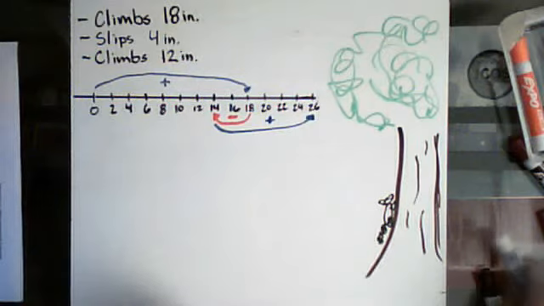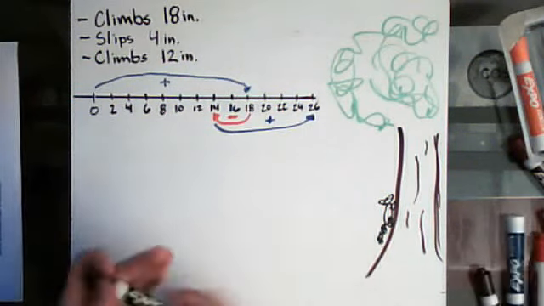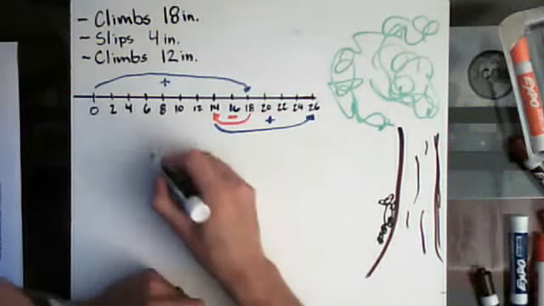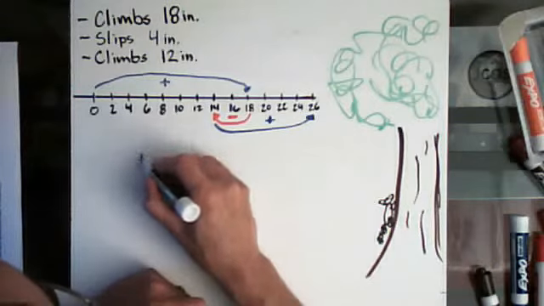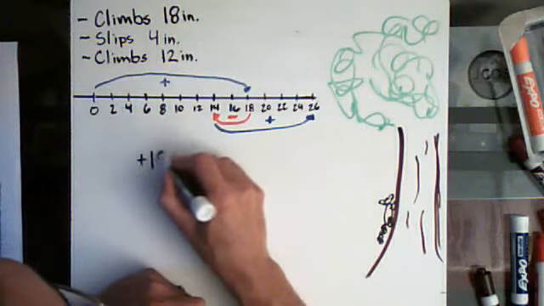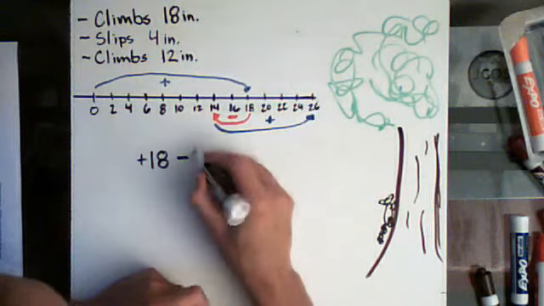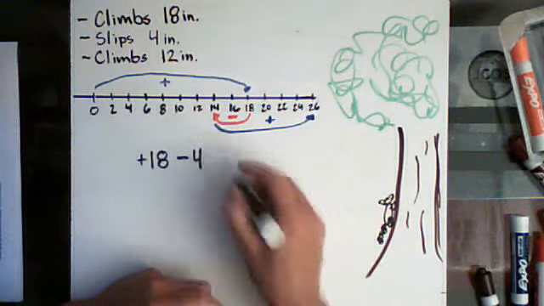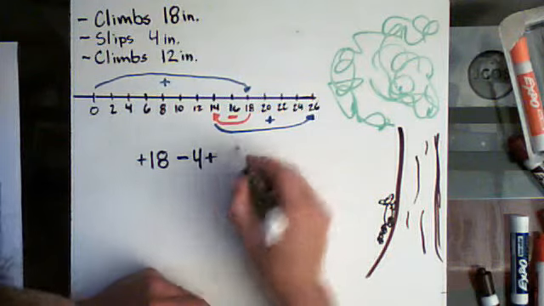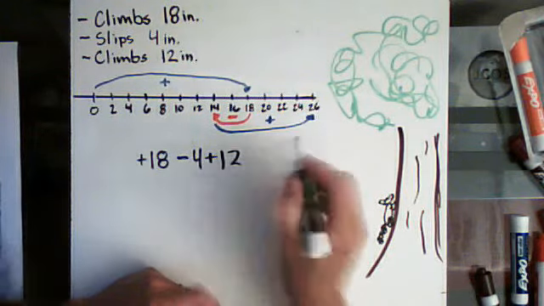We can show this using a number sentence by saying the squirrel went up a positive 18 inches, then slipped back negative 4 inches, but then climbed back up another 12 inches.